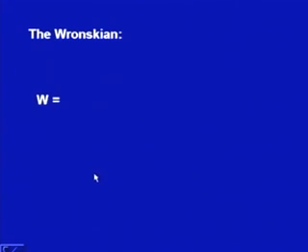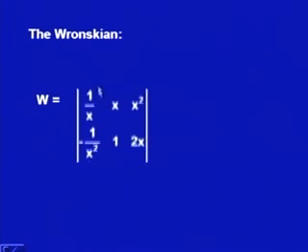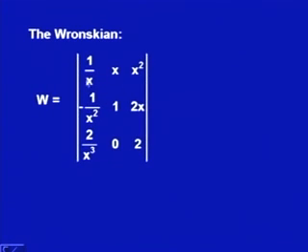So, the Wronskian of these three solutions: 1 by x, x square, its derivative is minus 1 by x square, 1, and for x square it is 2x. Again its second derivative, 2 by x cube, its derivative is 0, this derivative is 2.